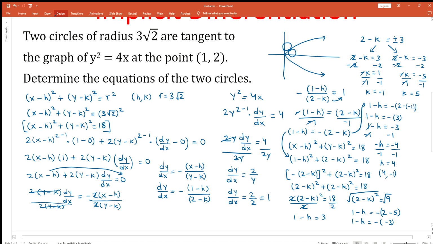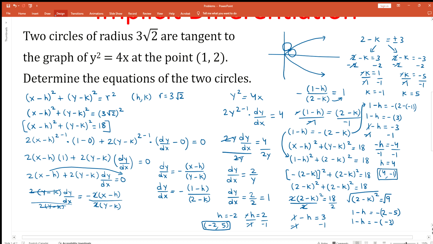Next, we should subtract 1 from both sides. I get negative h equals 2. Next, we should divide both sides by negative 1. I get h equals negative 2. So the second center is -2, 5. The first center we found is 4, -1.